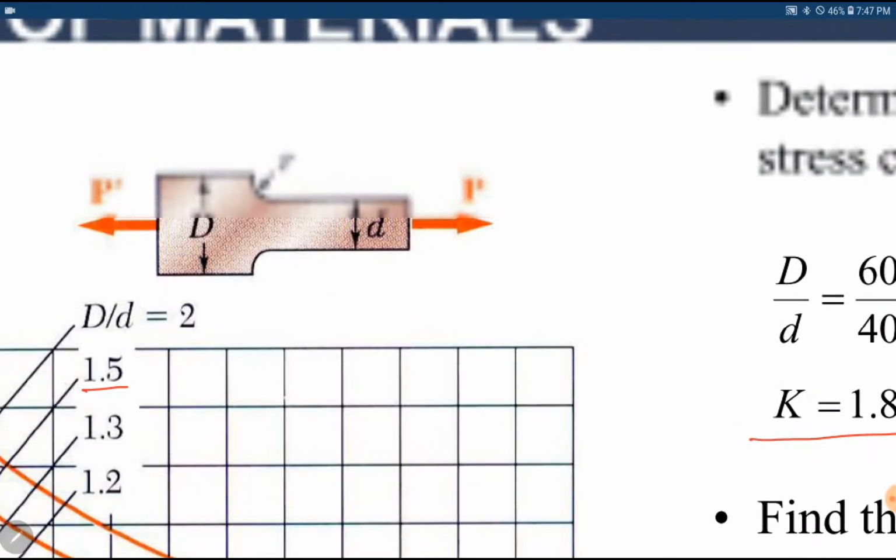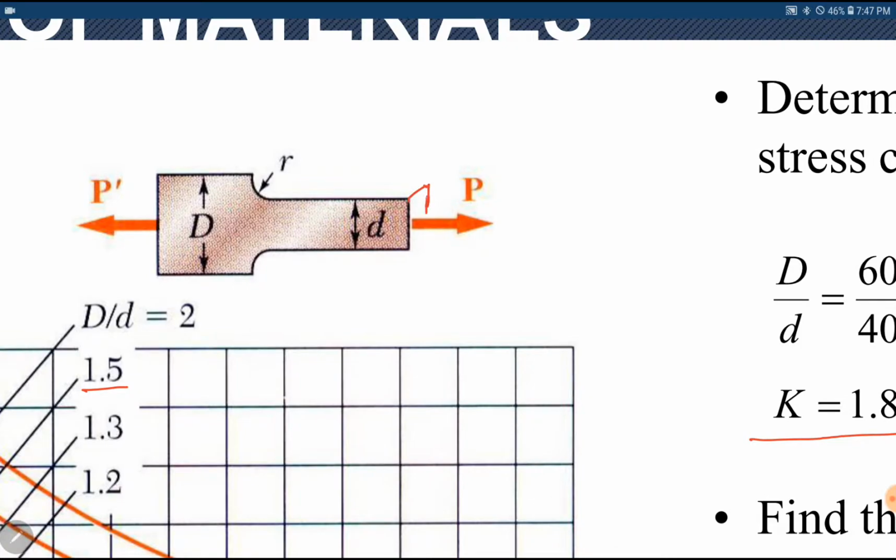One is this area, and the other one is this area. So we have to take the smallest area, because at the smallest area the stress is maximum, and maximum stress is always important for us.